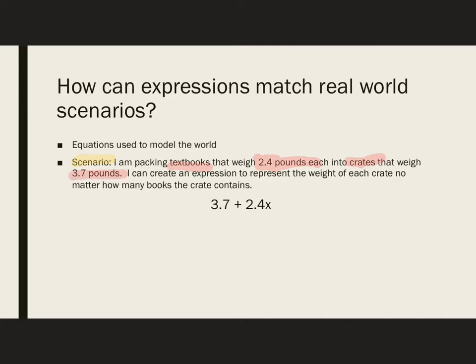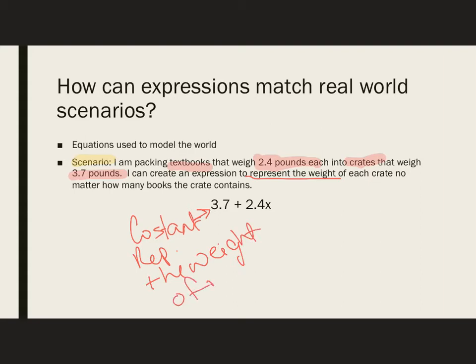I can create an expression to represent the weight of each crate, no matter how many books there are. So, if I look at this expression, I see this 3.7, this constant. That is a constant, and it represents what? The weight of the crate that I'm putting them into.